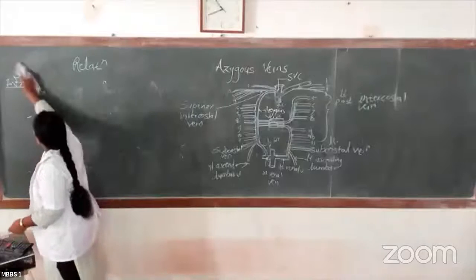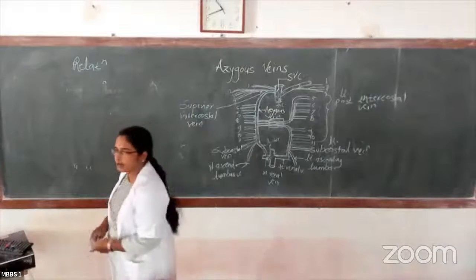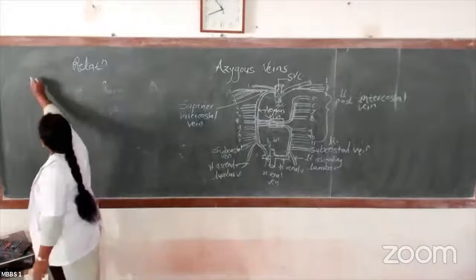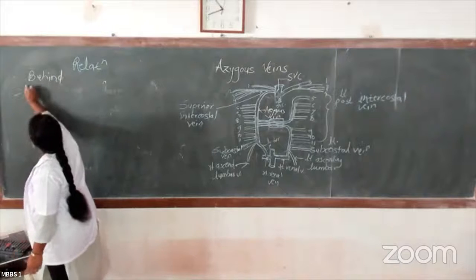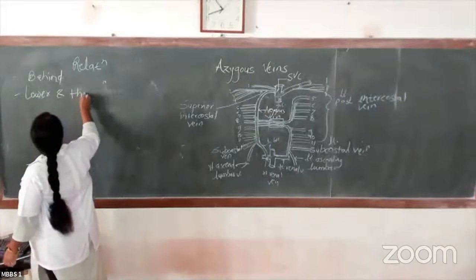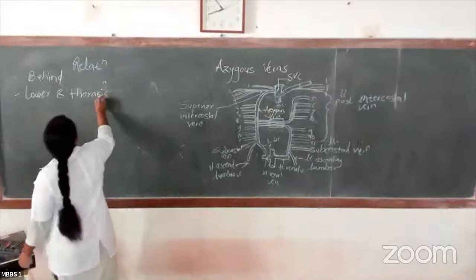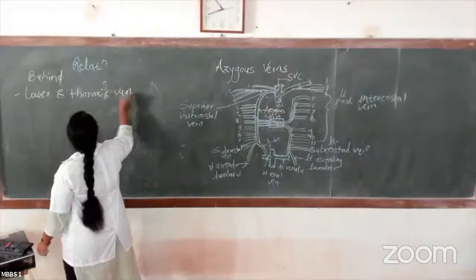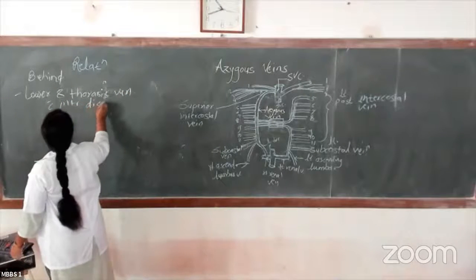What is present behind the azygous vein? Lower 8 thoracic vertebrae. So behind there are lower 8 thoracic vertebrae with intervertebral discs.